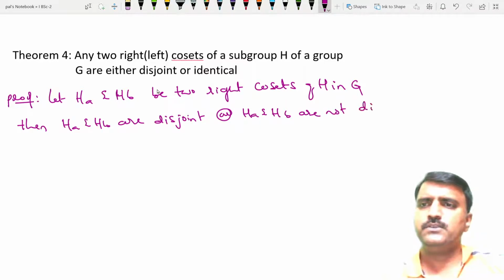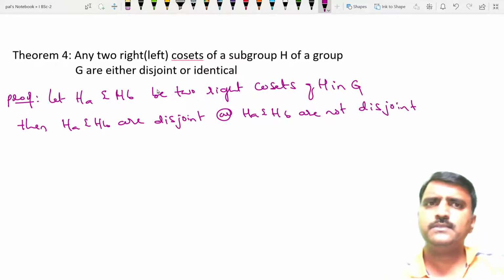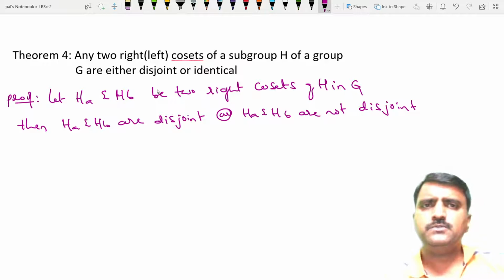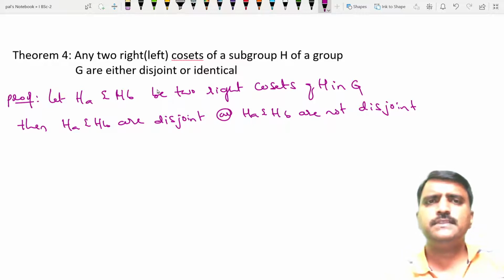So that is the possibility. So they are disjoint or they may not be disjoint. Okay, if HA and HB are disjoint, then there is nothing to prove.